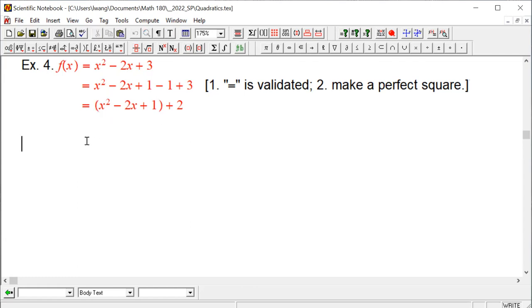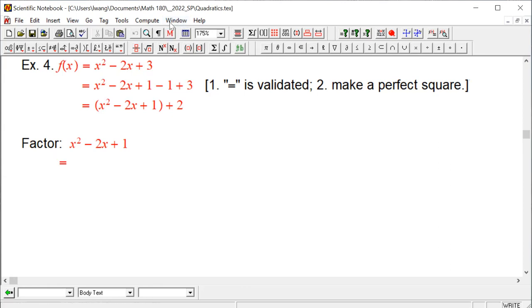How do I know? If we factor x squared minus 2x plus 1, what do you get? Some of you might need some help with factoring. Some of you may not. So I'm going to show you some simple steps to do the factoring. There are other ways of factoring.